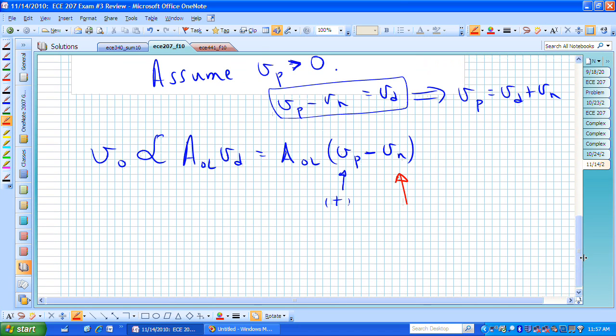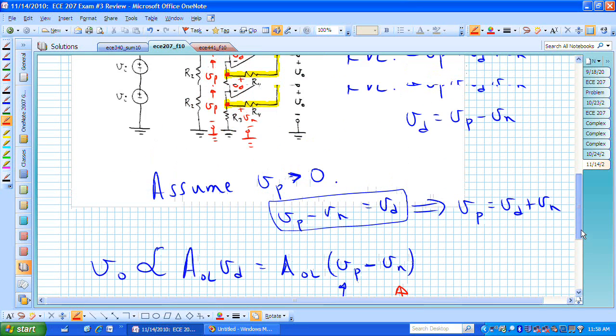Let's look at this another way. So if we say V sub D is positive, let's assume that. Maybe that will make it easier for what we want to do. Assume V sub D is positive, which says that V sub P minus V sub n, which is V sub D, is greater than 0.